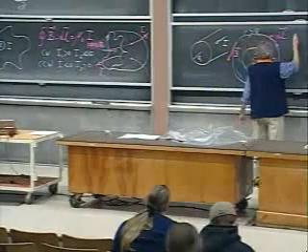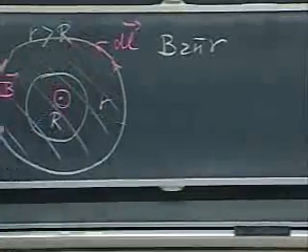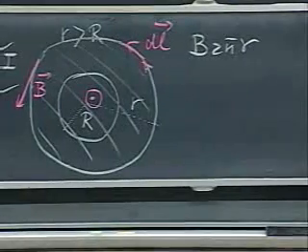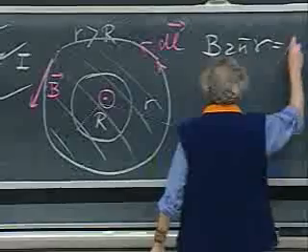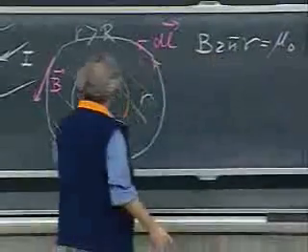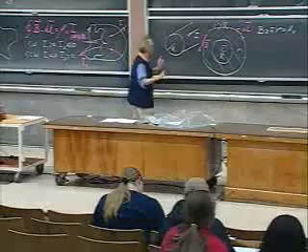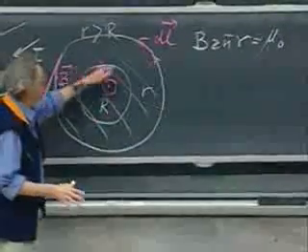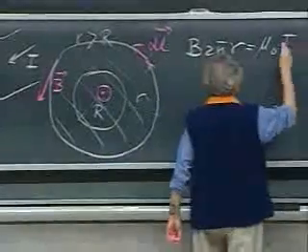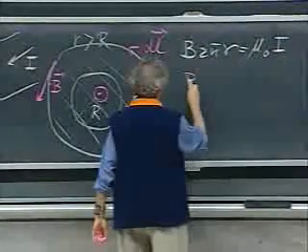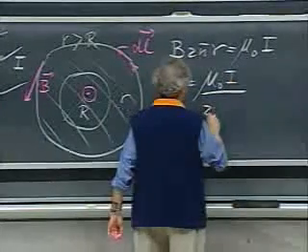So I get B times 2 pi little r, because dl and B are in the same direction, so it's a trivial integral. That now equals mu 0 times I, which now penetrates my surface, uniquely determined. All this current from this wire that comes to me penetrates my surface. So times I, and so B equals mu 0 times I divided by 2 pi r.